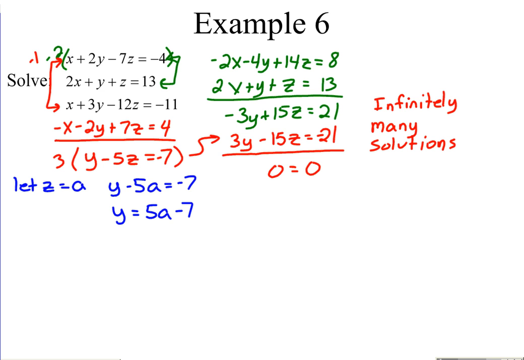And now we just need to find x. I'm going to take the top equation, plug in and solve for x. So we have x plus 2 times y, which we just found to be 5a minus 7, minus 7 times z, which we know is a, equals negative 4. Simplify, distribute the 2 through.